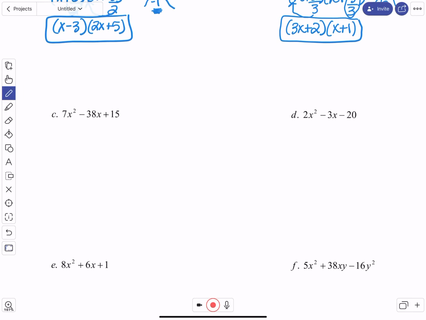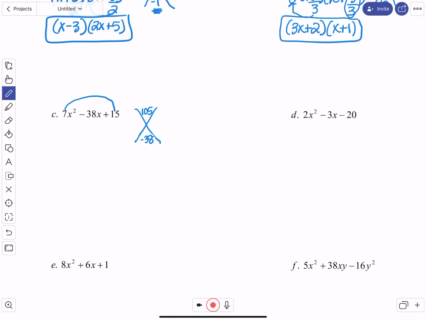On our next one, we're going to slide. 7 times 15 is 105. Oops, I put that in the wrong spot. Let me go back here. 7 times 15 is 105, and we get negative 38 on the bottom.